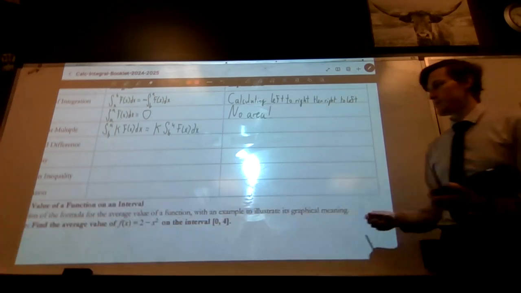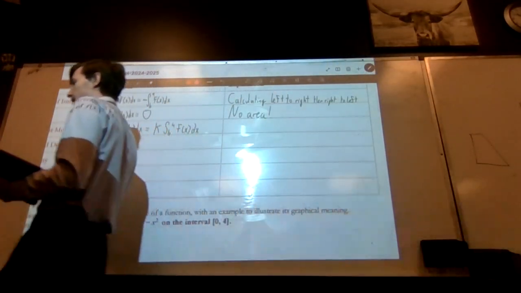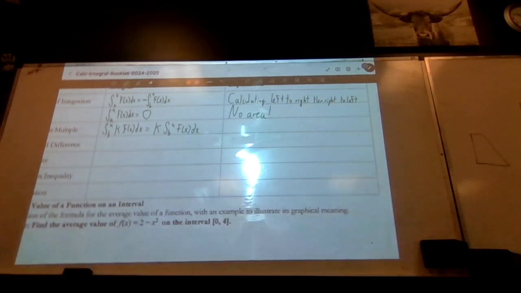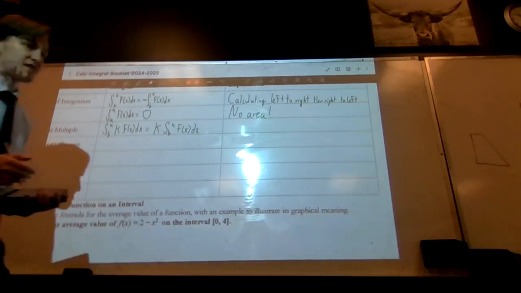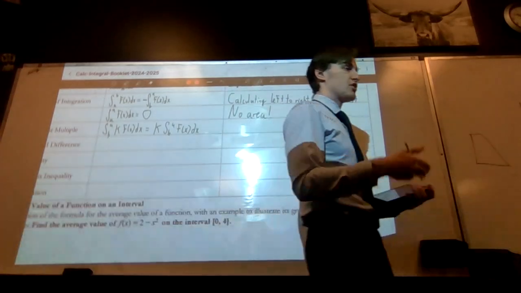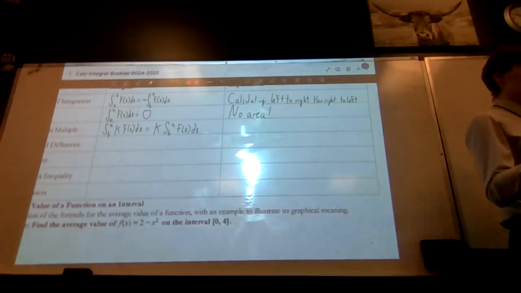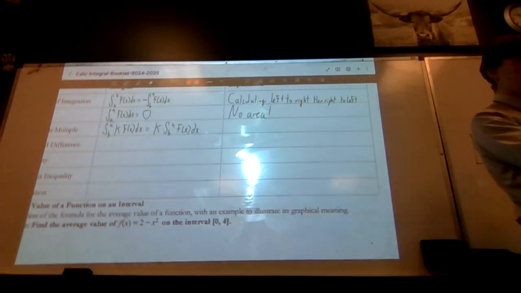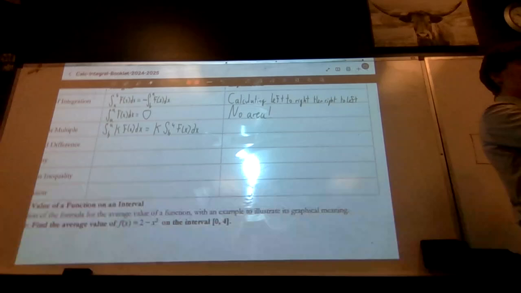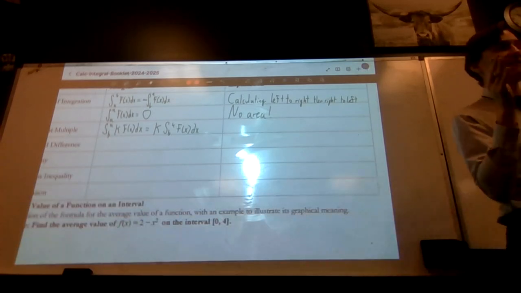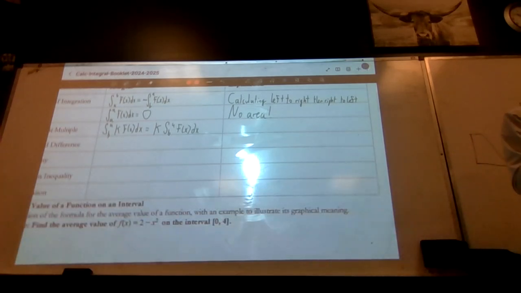If I have something multiplying the function on the inside, I can just pull that out and multiply it at the end and not have to deal with the bigger numbers. So if we had to say, what's the integral of 50x? Well, what could we do with the 50? We could put it on the outside, take the integral of x, which is much easier, smaller numbers, and then multiply that final answer by 50.